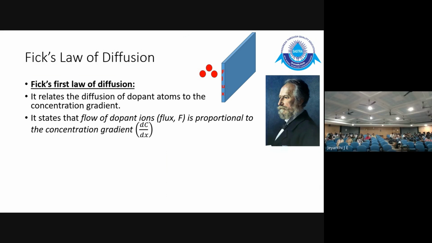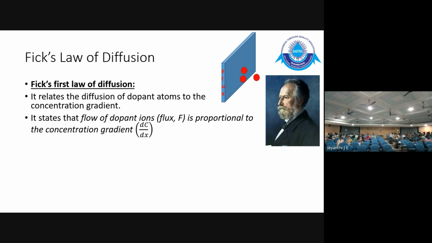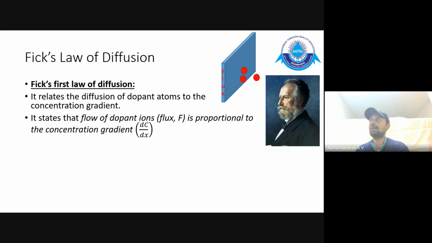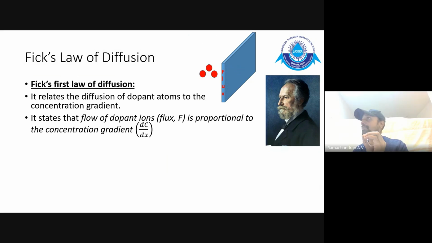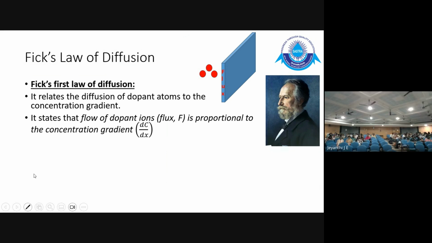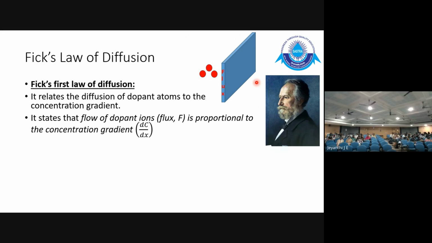Flux is very simple: you have a bunch of atoms, and flux is the number of atoms, or dopant atoms, crossing per unit area per second.